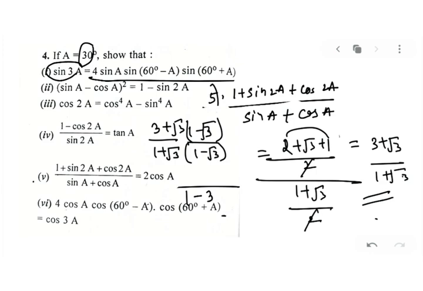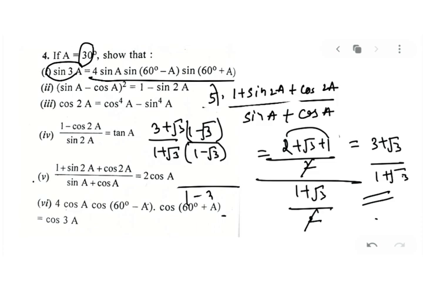I think I have made a mistake somewhere down also. 1 minus root 3 square. So I have 1 plus root 3 here, and above I have 2. Shall we keep the answer like this? No, let me just do it.